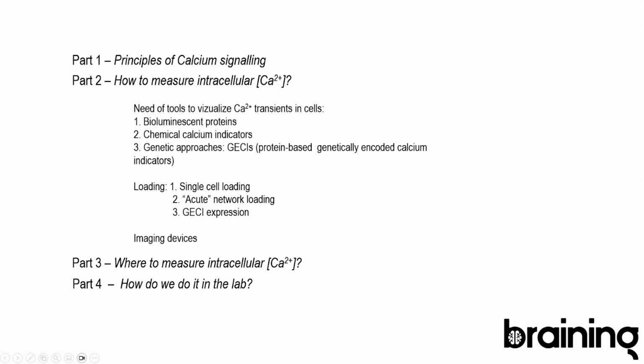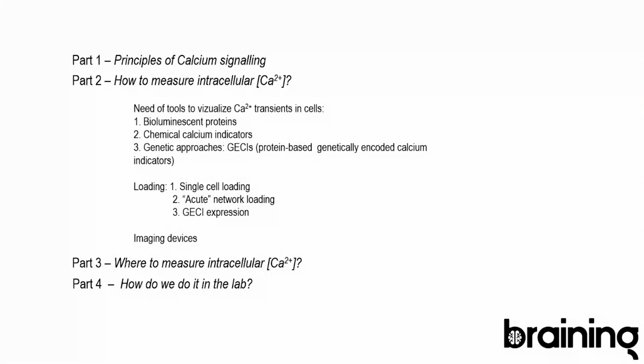So I will begin by exploring the principles of calcium signaling and why measuring calcium concentrations is really important. I will introduce key tools for visualization of calcium transients, like bioluminescent proteins, chemical calcium indicators, and the protein-based genetically encoded calcium indicators.